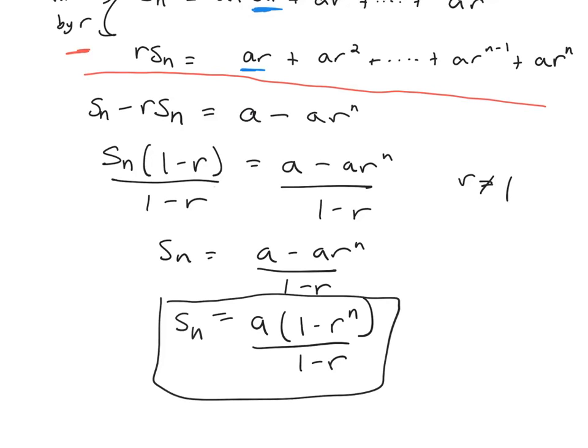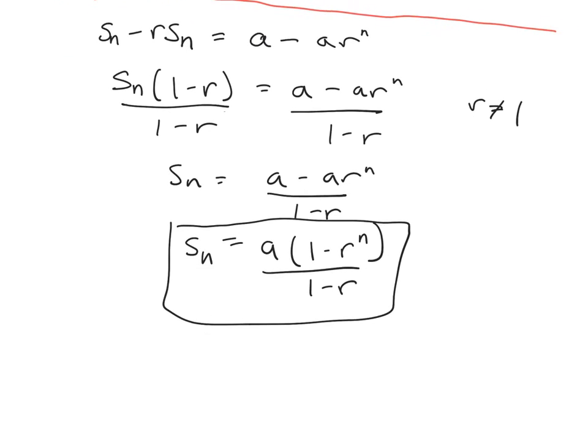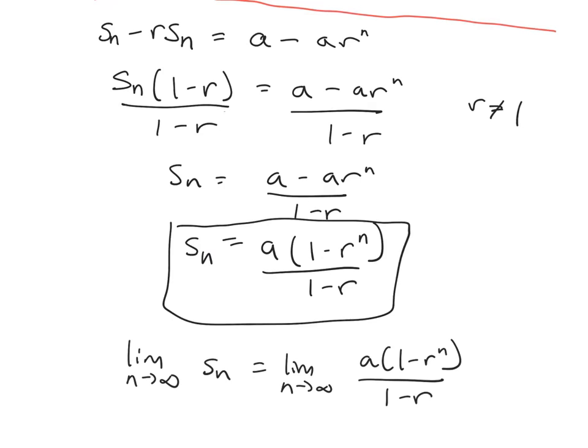We're going to do an example in just a minute, but I want to know, now that I have a formula for s sub n, if the series converges. So I need to take this limit. I want to take the limit of s sub n, which is a times 1 minus r to the n over 1 minus r.